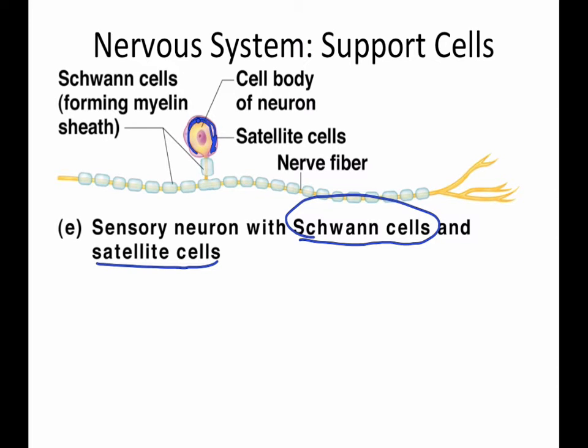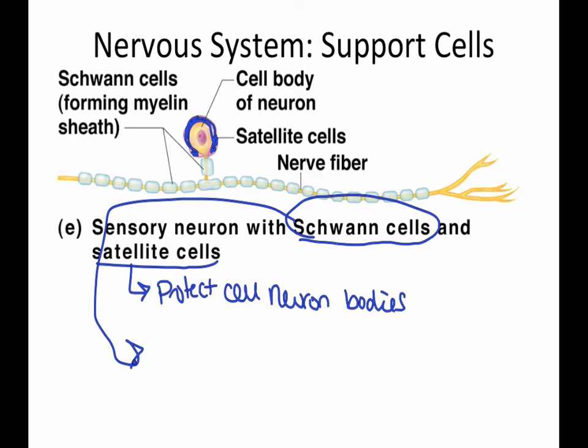So it's that little section that I colored right now. The satellite cells' whole function is to protect the neuron bodies, or the cell bodies.